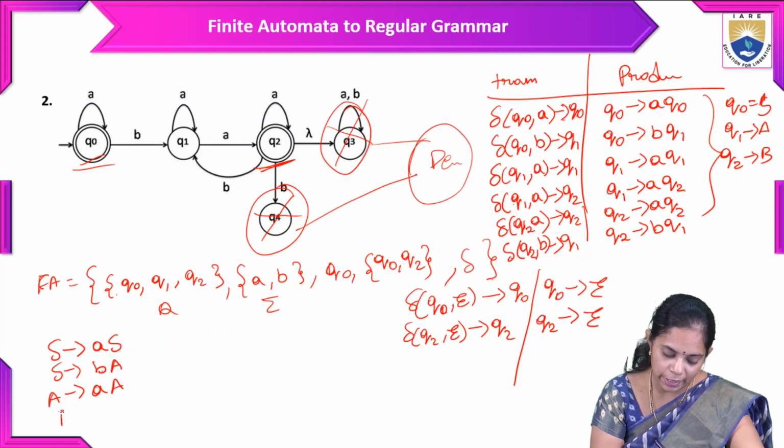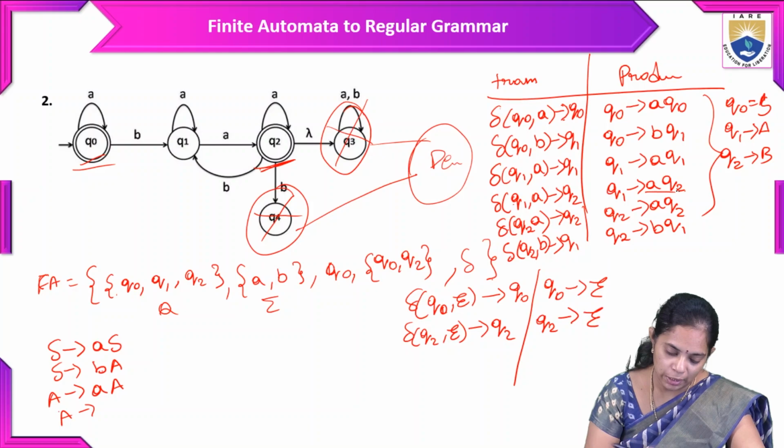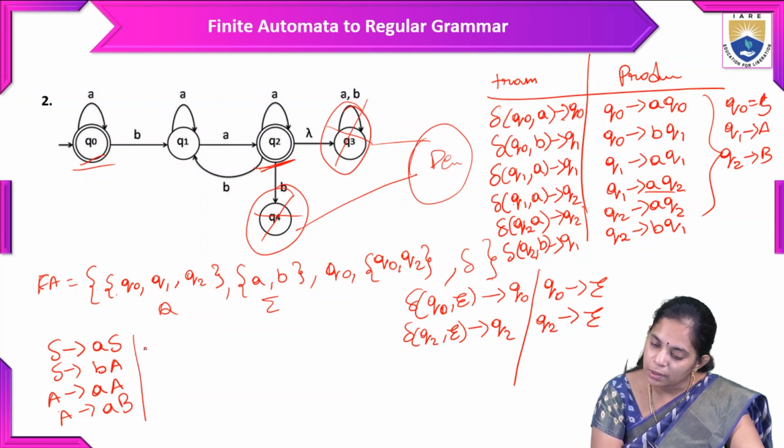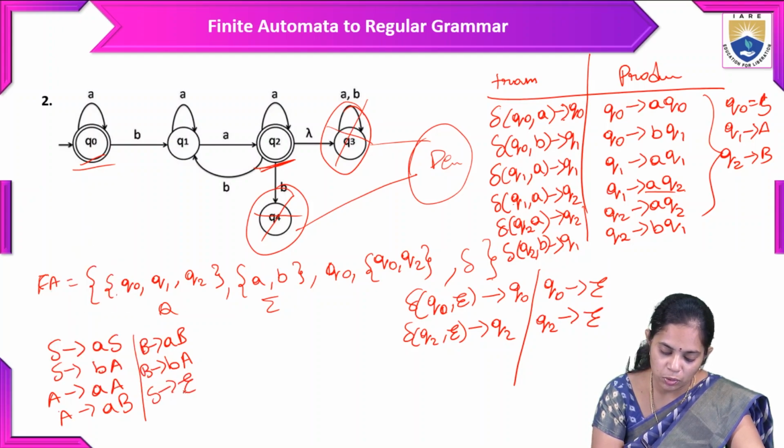And here A tends to this production rule A B, and B tends to A B, and B tends to B A. And S tends to epsilon and B tends to epsilon.